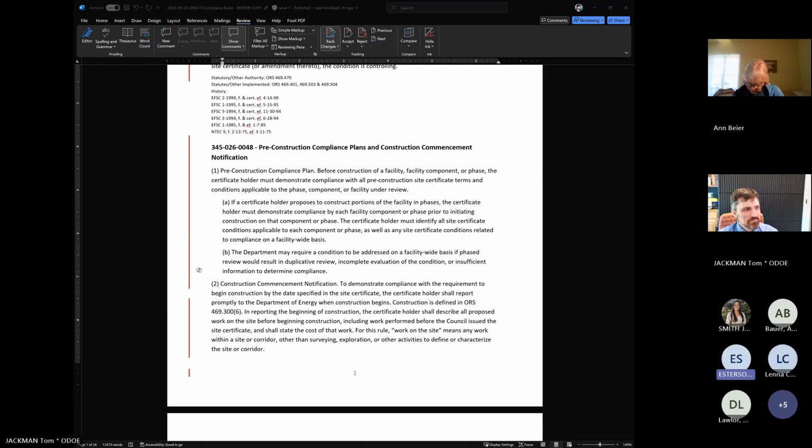I think that if during permitting, now this is a little separate, but if during permitting ODFW wanted to make sure that habitat mitigation wasn't phased, because site certificates moving forward will have 6 years to start construction and then 3 years to finish.